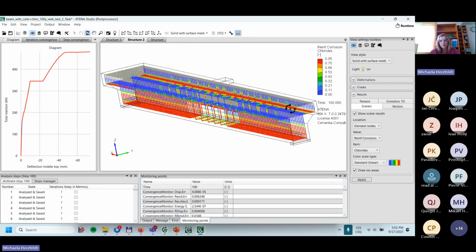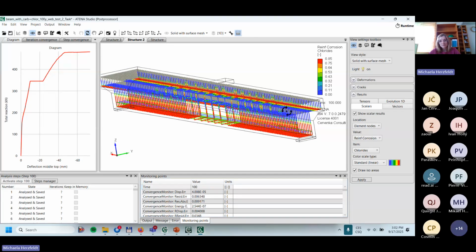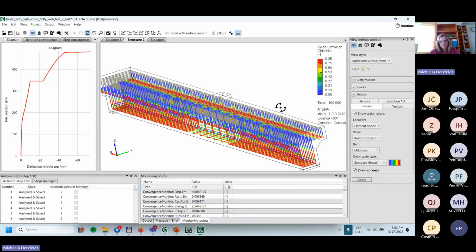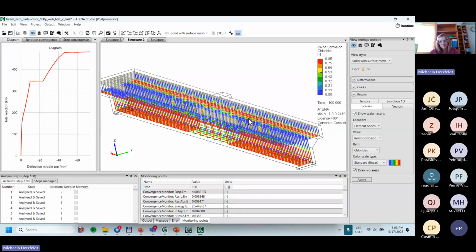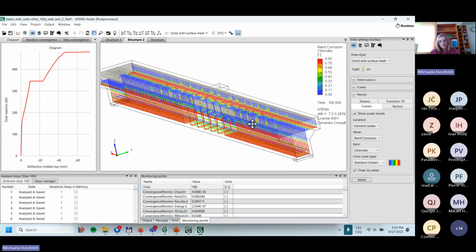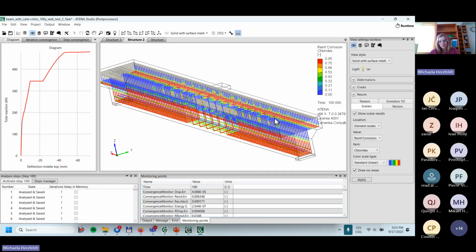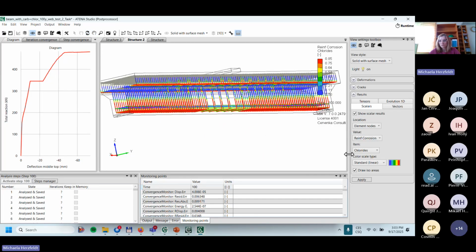Again, the effect of cracks: you can see it mainly in these parts where some stirrups are more corroded, or also on the flange here from the bottom. It's a little bit visible that where the structure is cracked, the corrosion is propagating faster.